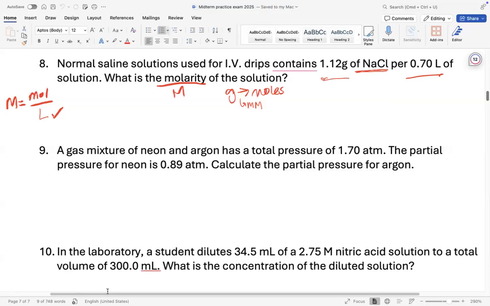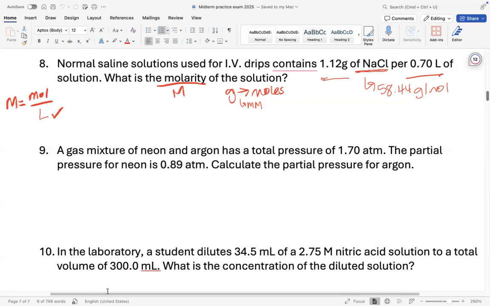So you do not need to calculate NaCl. You would just go to the reference sheet and it would tell you that NaCl is 58.44 grams per mole.